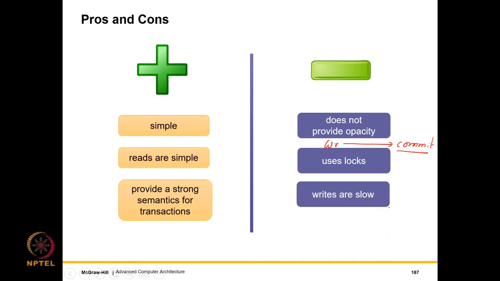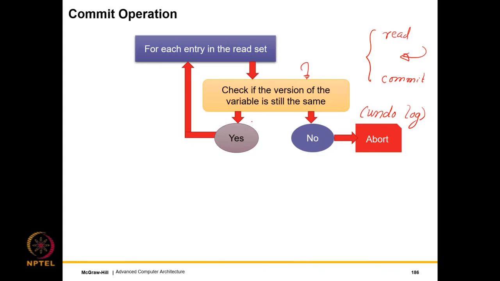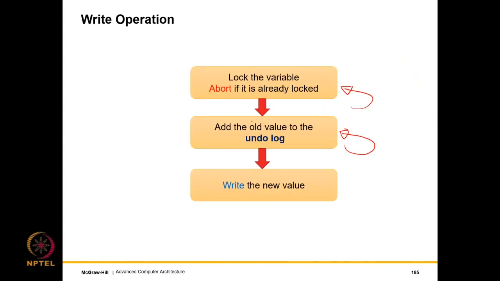Now, before you ask the question, let me also say why it does not provide opacity. The reason is that if there is an aborted transaction, because we are using the undo log based mechanism, its writes will still be visible in memory. If you go back to the write slide, you will see that we are writing the new value that is directly going to memory.